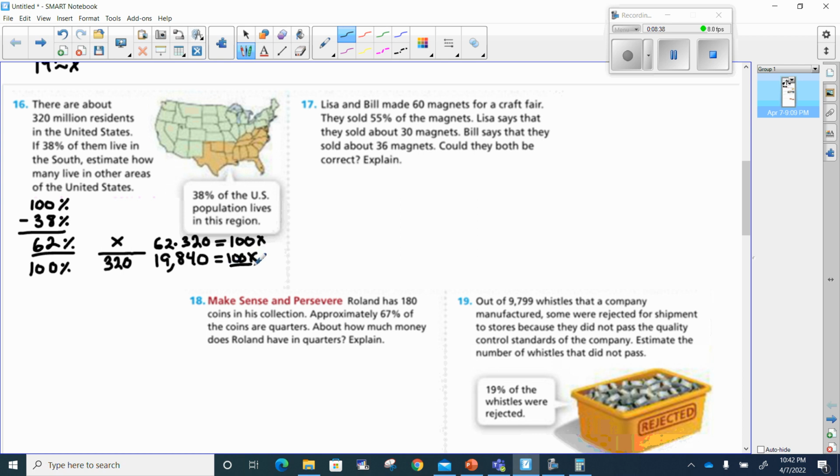I know I got to divide 100 from both sides. That means I'll be taking my answer and moving the decimal over 2 spaces. That tells me that 19.84, and actually I take that back, that's going to be 198.4.